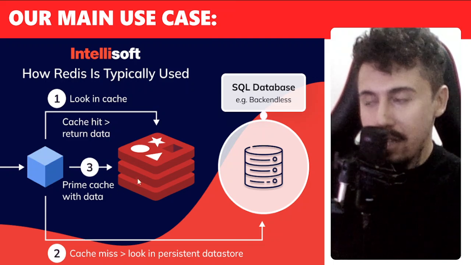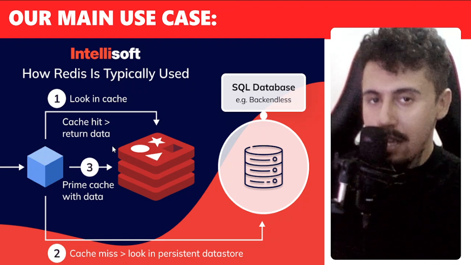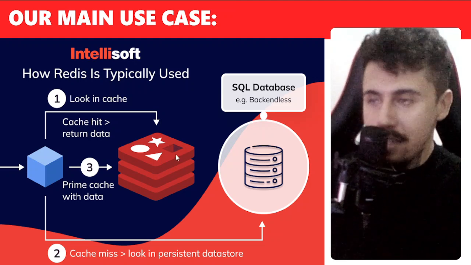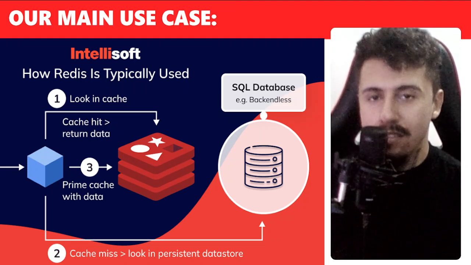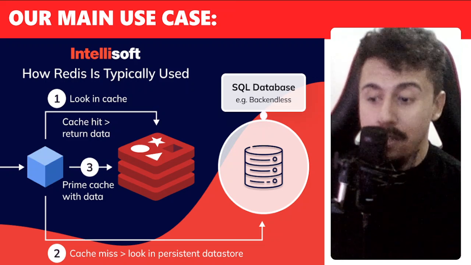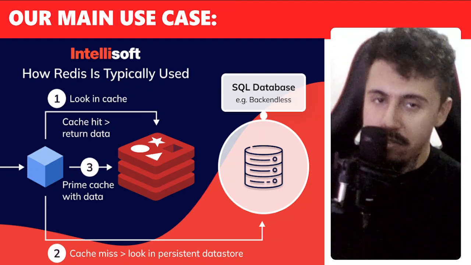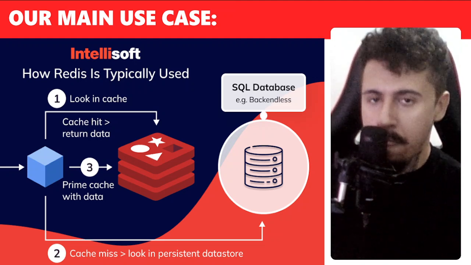In this case, inside the Redis database. Is the data here? Yes, it is. So we return it. In 2 seconds, 1 second, maybe less than 1 second, we have the data. We have returned the data.